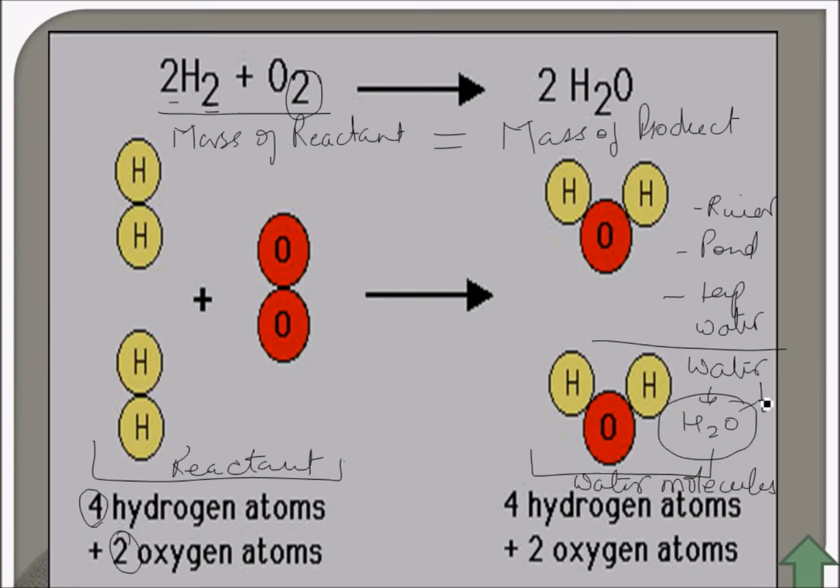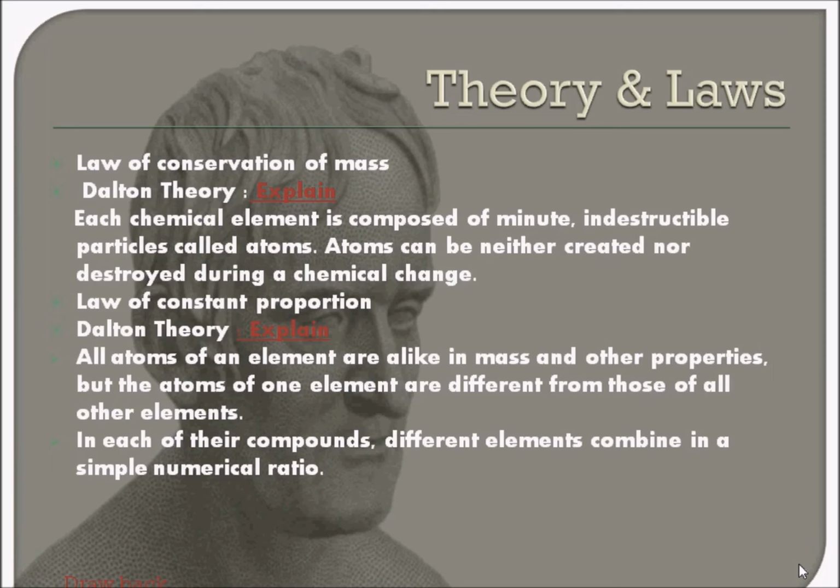This is fixed. I hope you understand now both the laws which were explained by the Dalton atomic theory. Let's go back to the laws. Here is the theory and the explanation by the Dalton atomic theory.